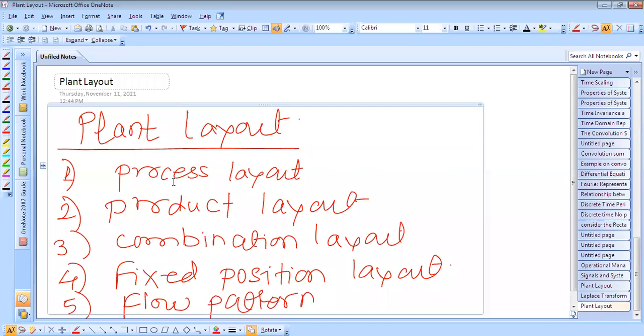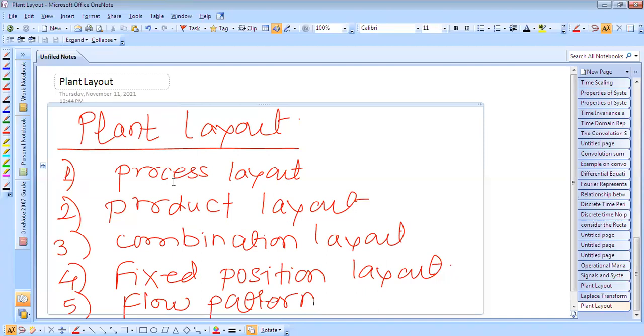Yesterday we discussed the process layout. In the process layout, we have seen that it is also known as the functional layout, and it is characterized by models of the products that change after some time. In the process layout, all the machines are arranged according to their functions.